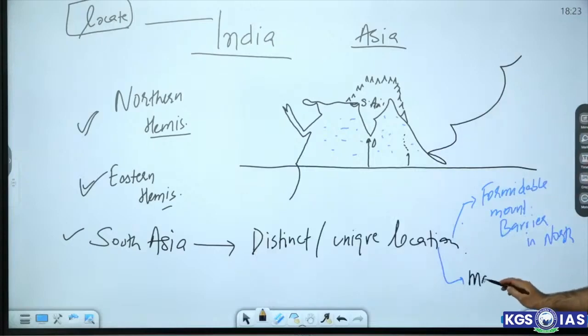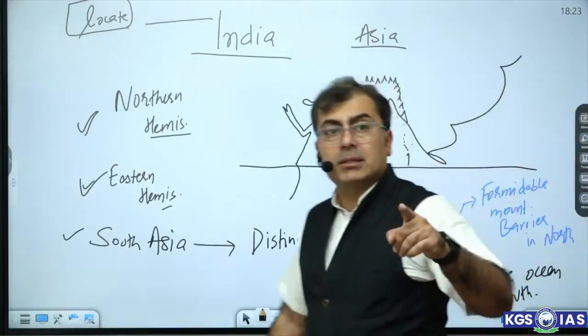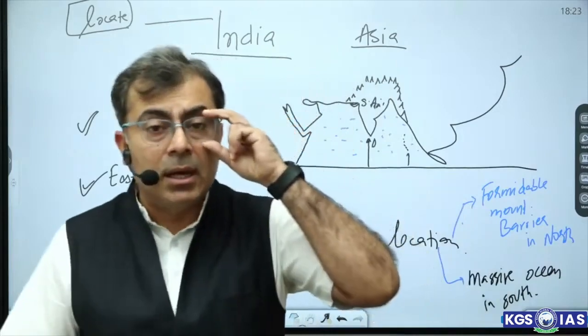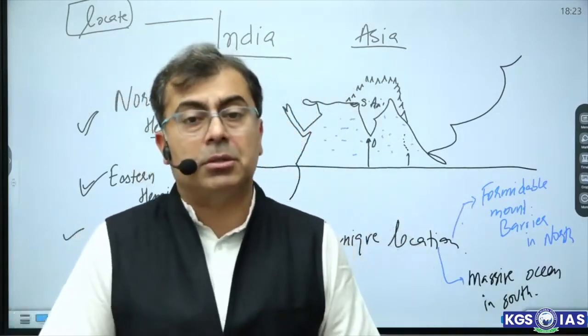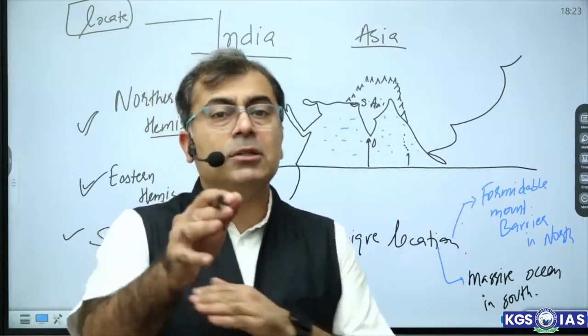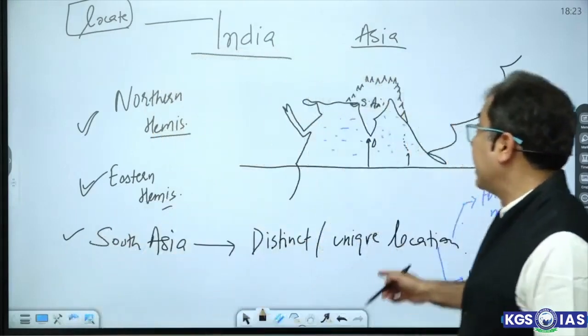And what do we have in south? Massive ocean in the south. So compared to other land masses, we have a very unique location. It is not easy to access India through sea and through that also.